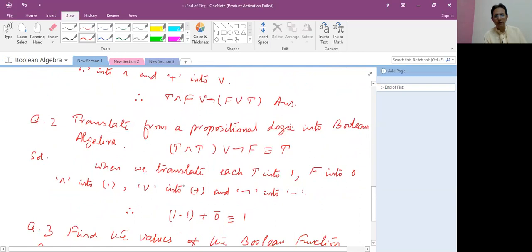So T is 1, and is dot, meaning multiplication, or is addition, negation means complement, and F is 0, so the complement of 0 is 1, and T translates into 1.